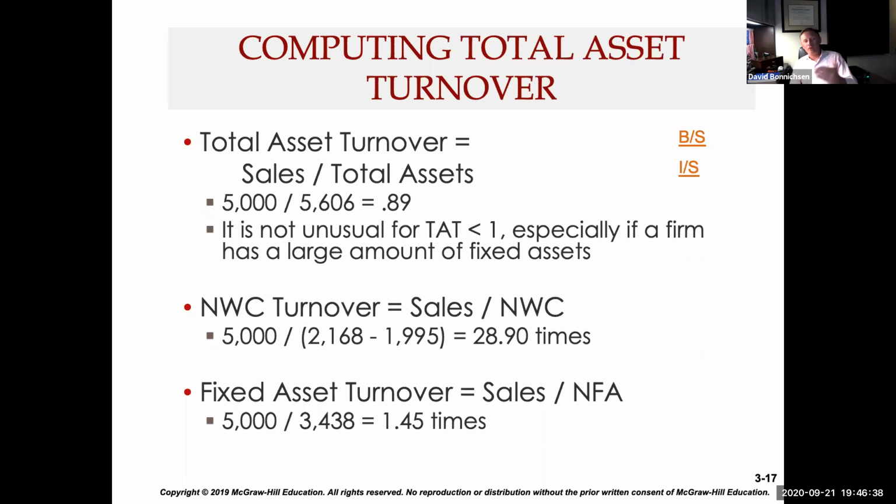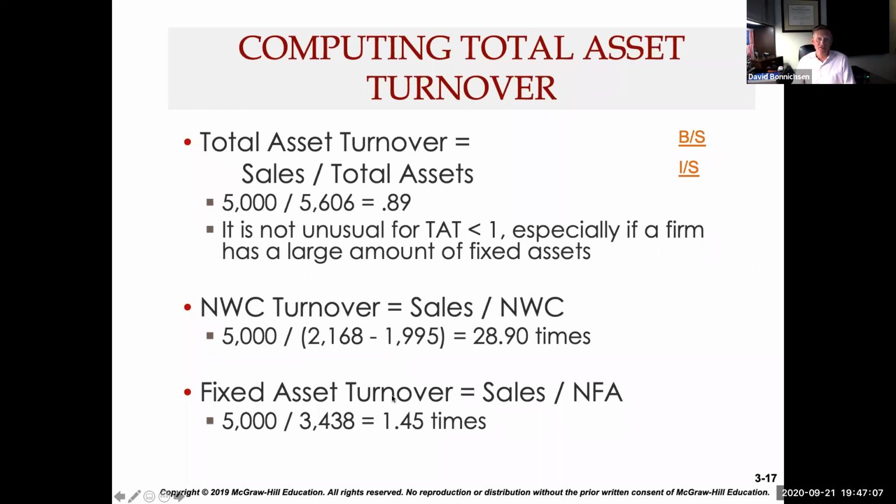Net working capital turnover, sales divided by net working capital. How many times a year does our net capital, what we need to run the business on a day-to-day basis, turn over? Obviously, the higher number, the better. Our fixed asset turnover, what are our fixed assets delivering to us? So again, total assets also includes cash, AR, inventory, okay?